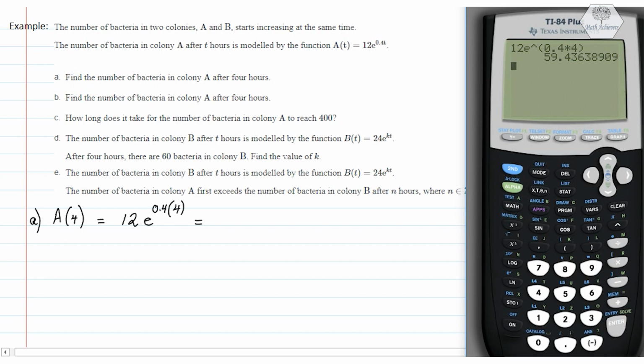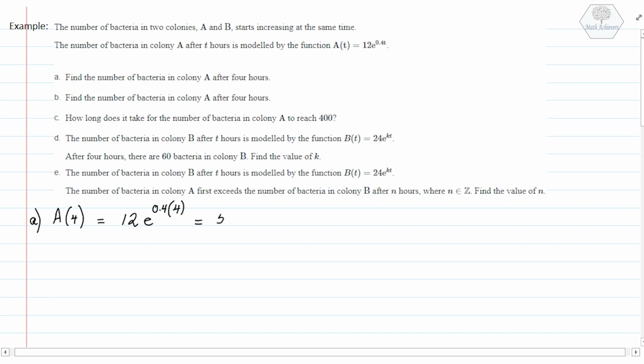We can approximate it. The answer is 59.4, which is approximately 59. This is part A. Can go to part B.